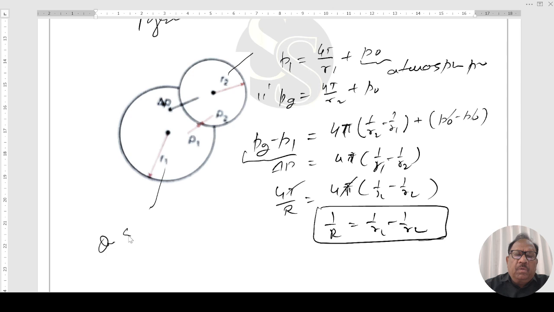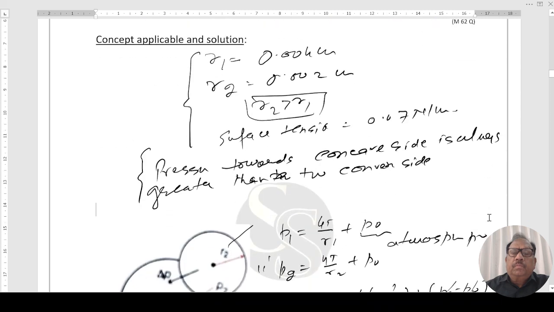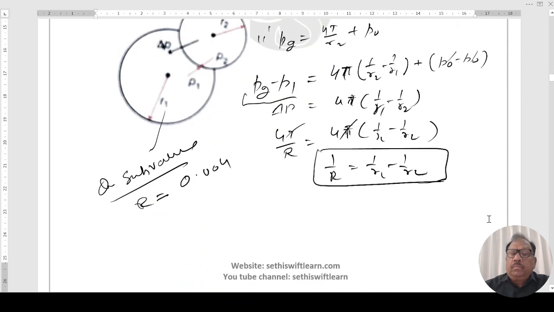On substituting values, we get R comes out to be... Take 1 upon R1 and 1 upon R2.